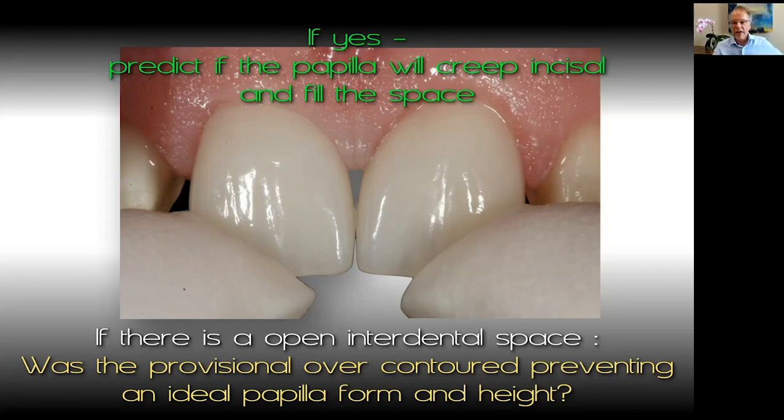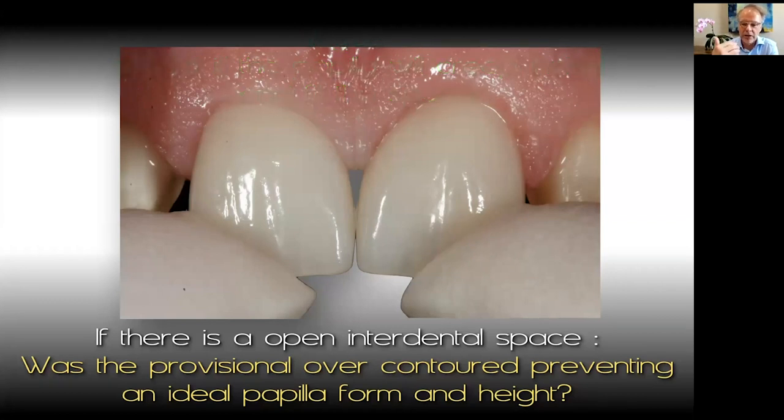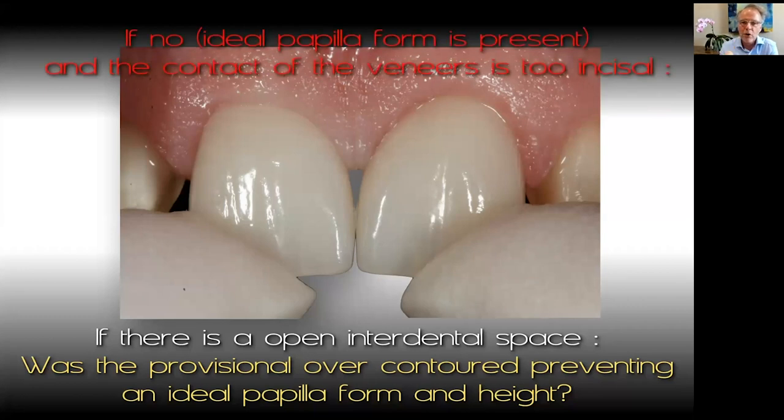So if I impinged upon the soft tissue and it's blunted, it will creep. If it is already at its maximum height or ideal situation, so now the papilliform is not present.